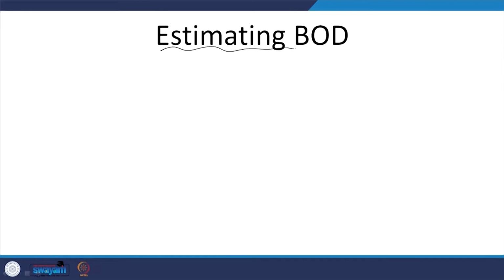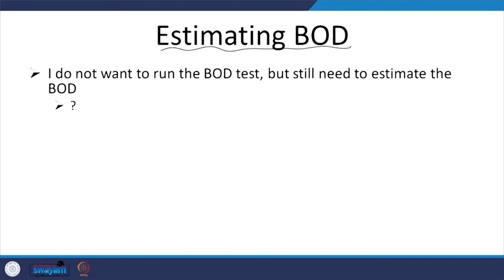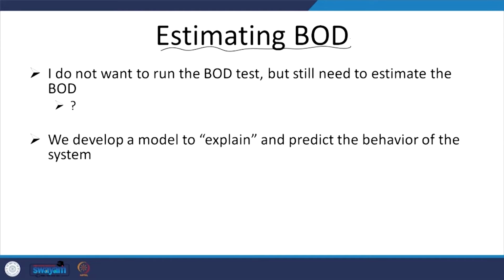Now, technical aspects. Sometimes I want to estimate the BOD without measuring it. Let us say I am short of time, but I just want to run a quick test based on the data that I already have. What do I do? I do not want to run the BOD test, but I want to estimate it.